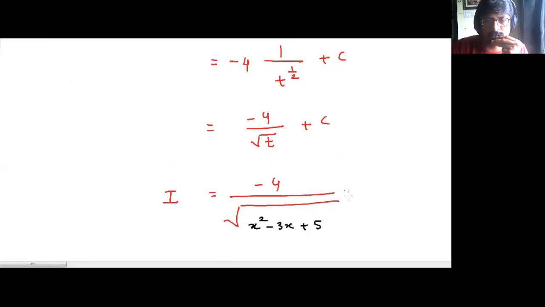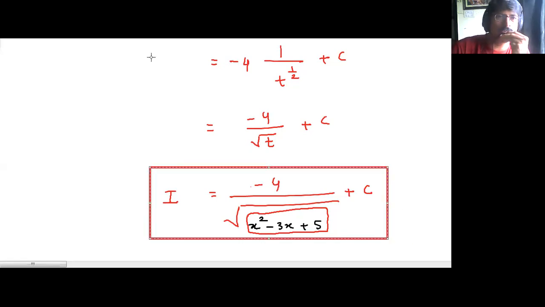I hope you understood this sum perfectly. That's it. It is that easy, children, isn't it? Why did this come here? Because this was the value of t. So this is like the whole answer. I hope you understood till here perfectly.